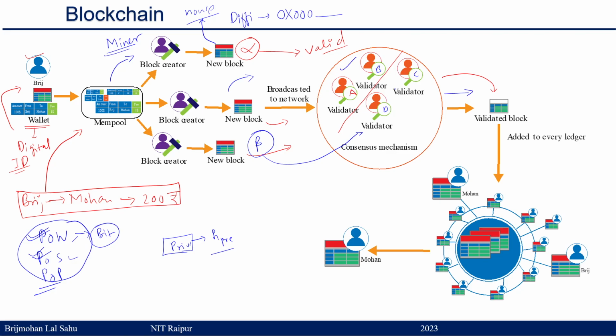This is group 1 and group 2. In such a case, if they are not able to resolve the conflict, then they will create two branches of the same network.